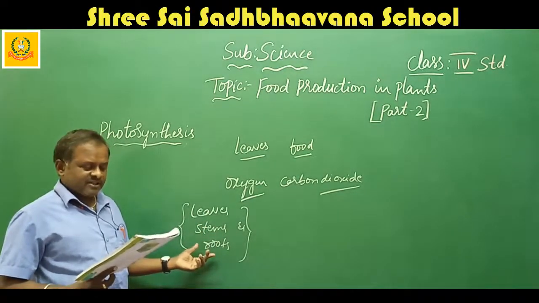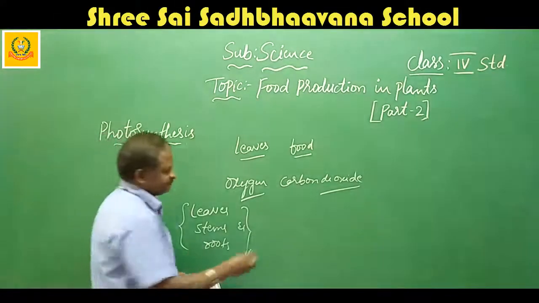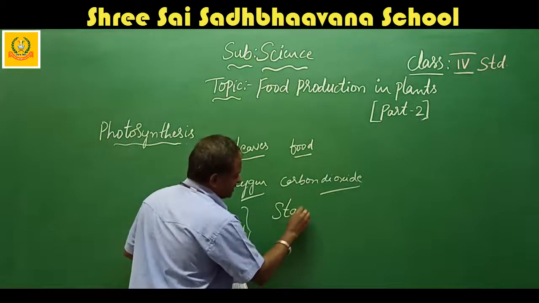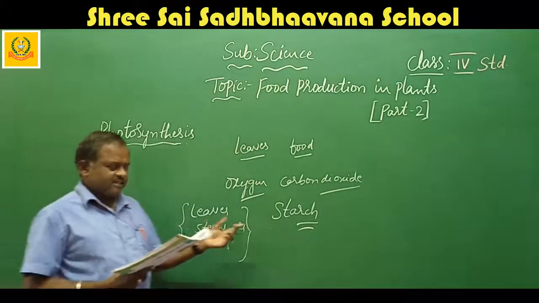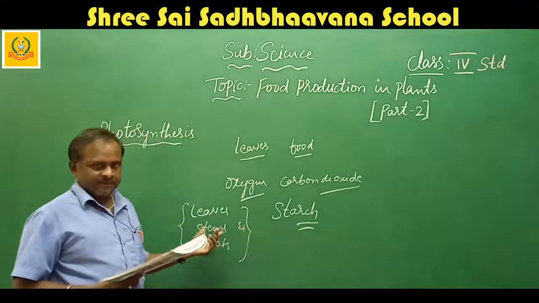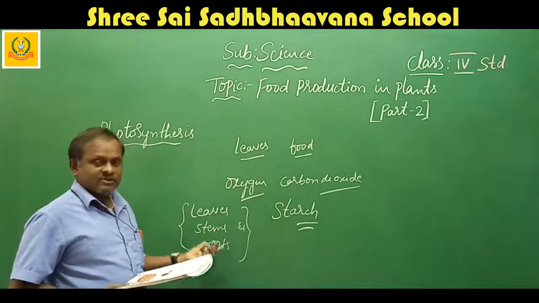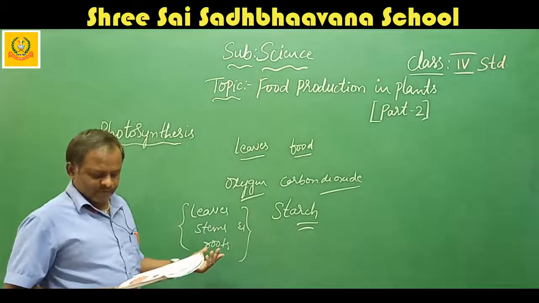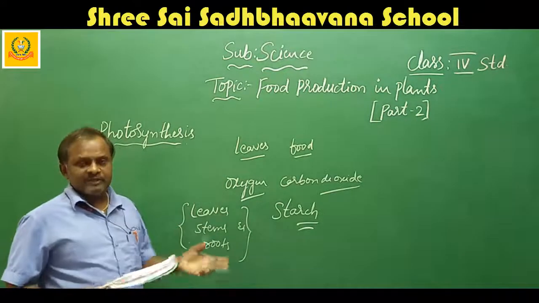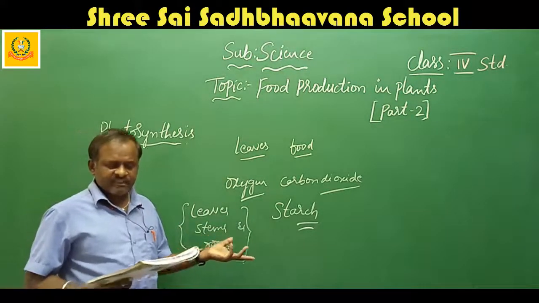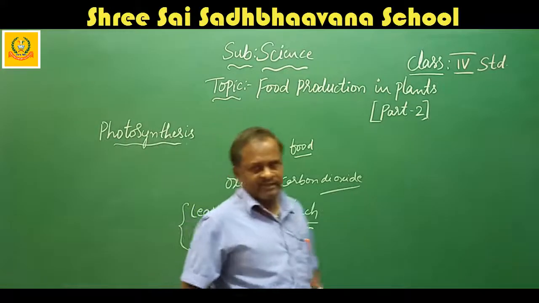This stored extra food is known as starch. We use these parts as our food. That means we use leaves, stems, and roots as our food. That means the extra food stored by the plant is used by animals as well as human beings.